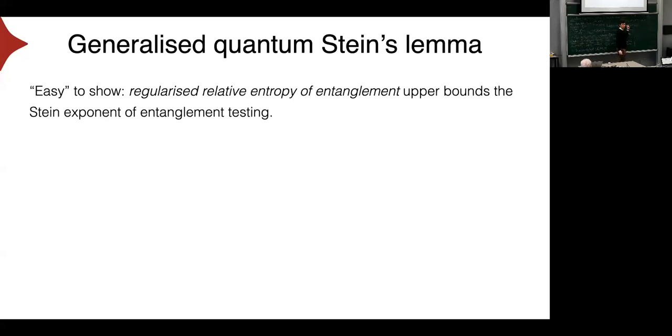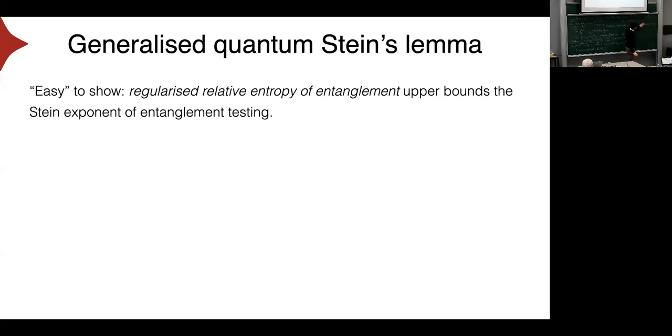Because I told you you can swap the minimum and the maximum. So I can always upper bound this by taking any separable state, let's say in the single copy version, and doing sigma tensor n. That's going to be another separable state, because if you have a separable state and take many copies of it, it's still separable. Then I can compute the whole thing: 1 over n, and here I have the hypothesis testing quantity for rho tensor n, sigma tensor n.